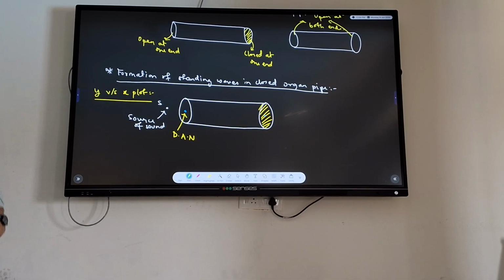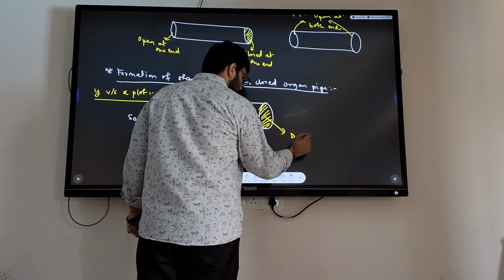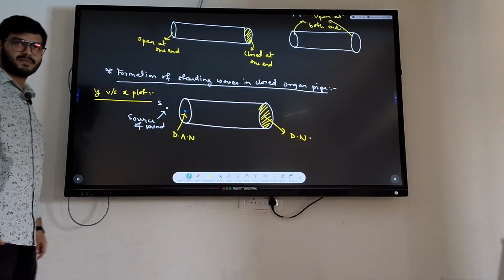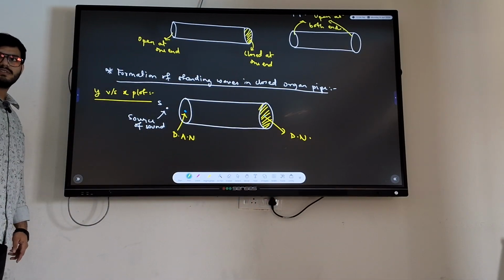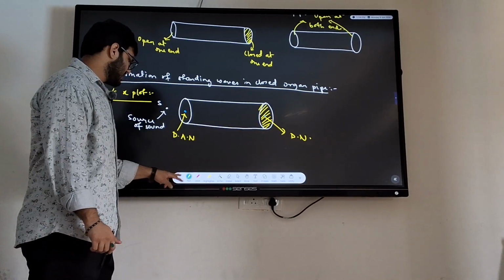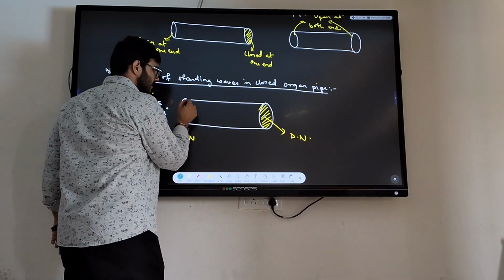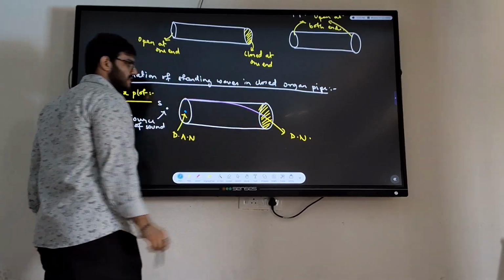No. What will form there? Displacement node. So there will be a displacement node here. DN is displacement node. So let me make the wave. The wave should follow this. It should respect these conditions. And the wave should be something like this. Should be an antinode here, and then it forms a node there.